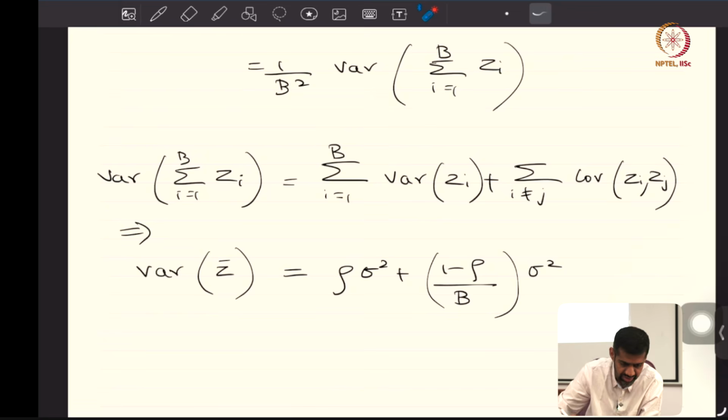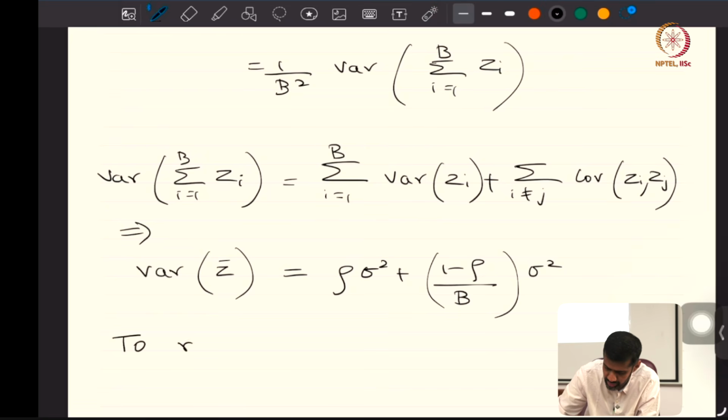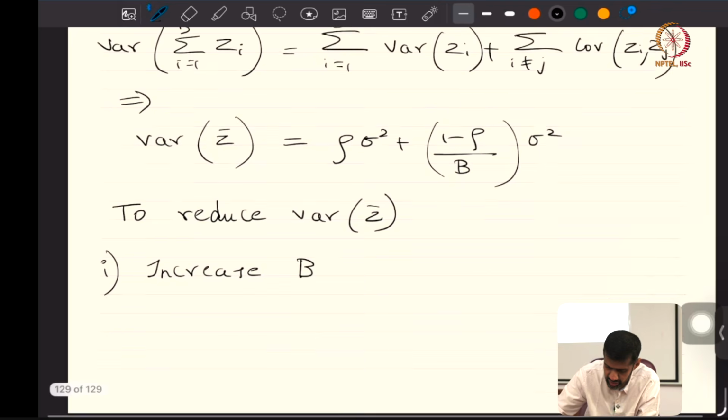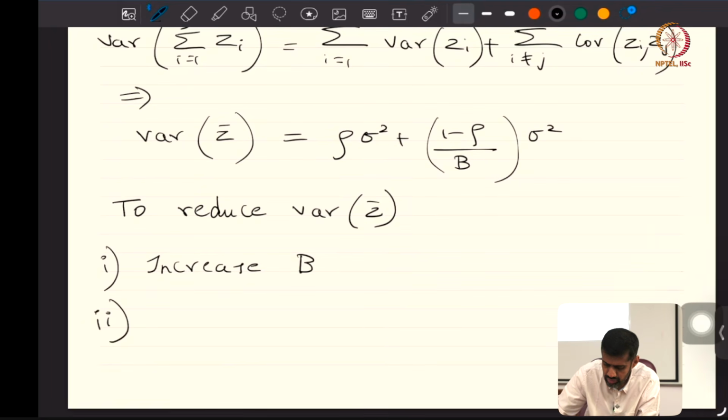Okay. So, let us write that. To reduce variance of Z bar, 1, increase B, and 2, reduce rho.